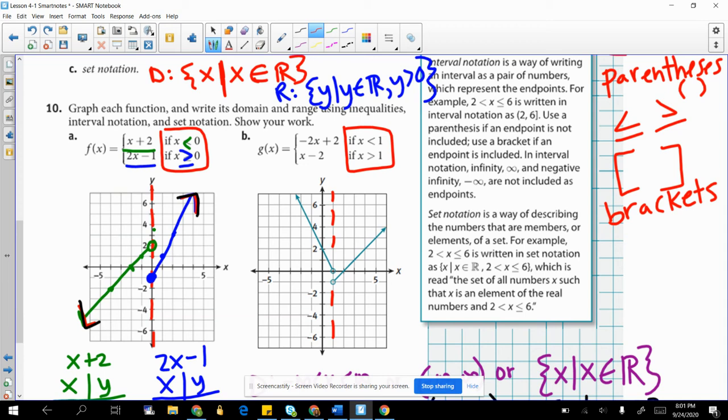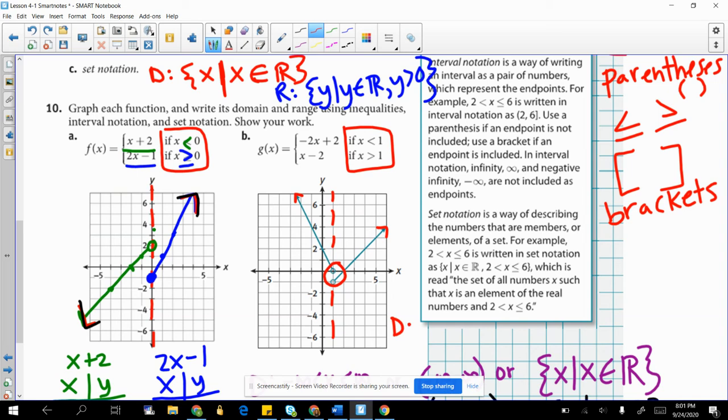So both of these are open circles. Okay. So in this one, your domain, it looks a little bit different. So we can go all the way to the left, all the way to the right. The arrows keep moving, but we cannot include this because 1 is not a solution.